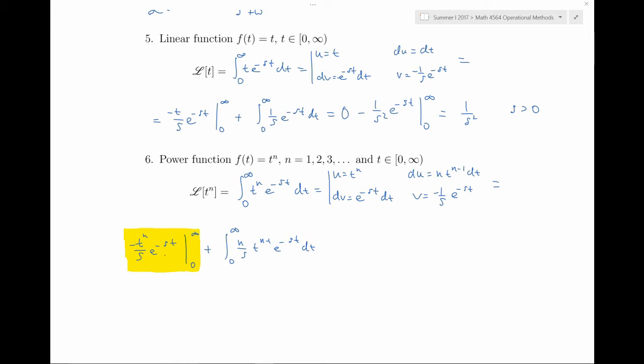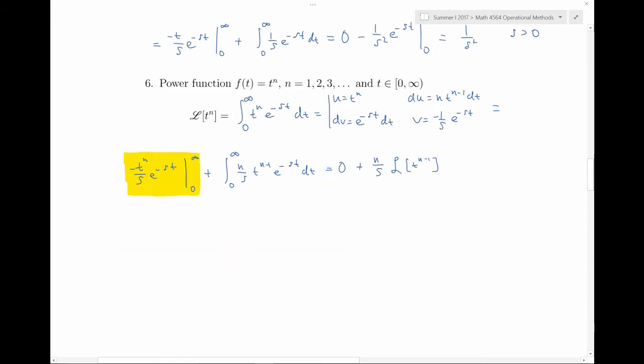So this actually equals 0 plus n over s, and you can see that the integral we have here is actually the Laplace transform of t to the power n minus 1. So we got ourselves a recurrence formula.